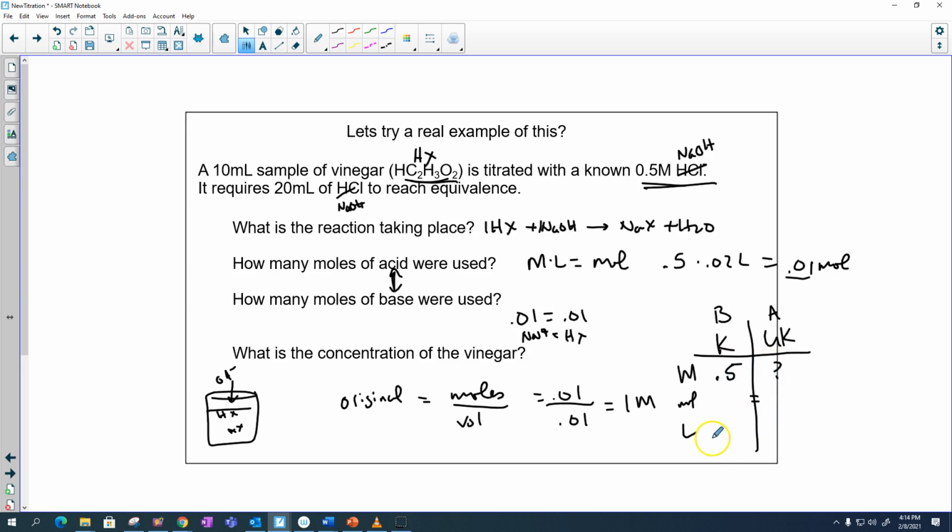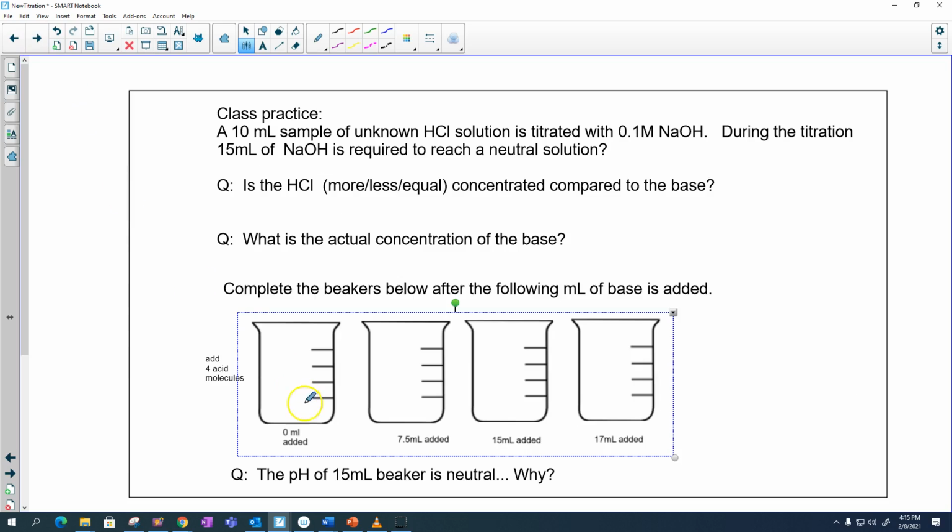The volume is 0.02 liters or 20 milliliters. This guy is 0.01 or 10. Now, they're the same moles. So in this case, this guy has the same number of moles, but in half the volume, so it should be times 2. It should be twice as concentrated, which is 1 molar, and that is what I got. Okay. This is the most straightforward, simplest type of titration we can do.